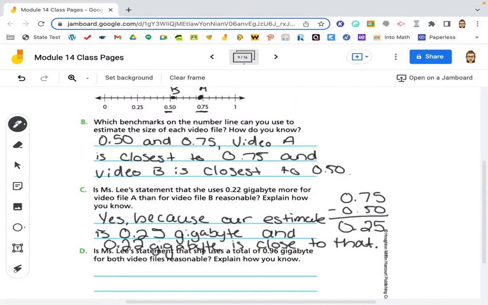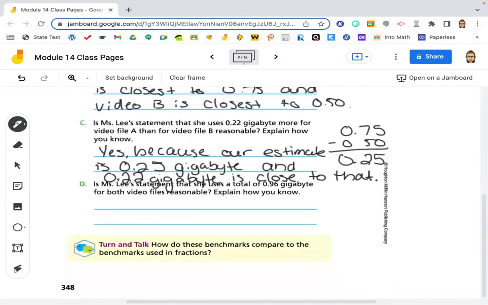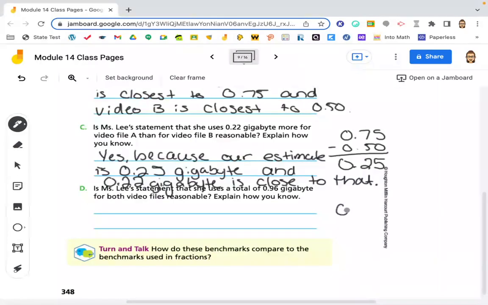And then it says, is Miss Lee's statement that she uses a total of 96 hundredths gigabyte for both videos reasonable? Explain how you know. Well, so now we would add the two. So 5 plus 0 is 5, 7 plus 5 is 12. So we get 1 and 25 hundredths, so that's kind of far away.